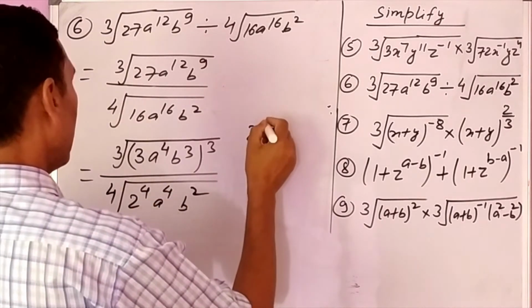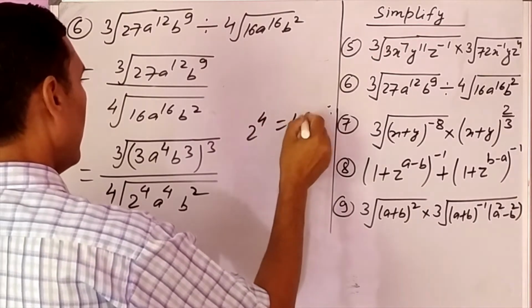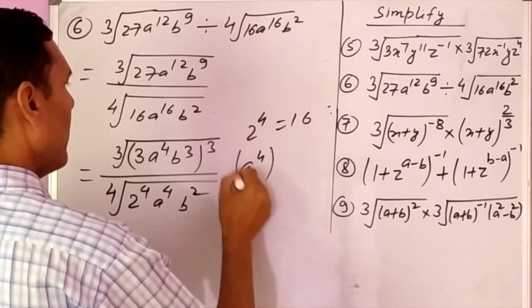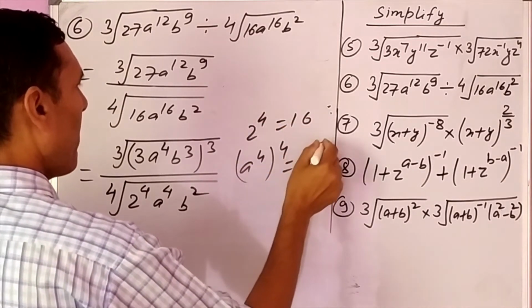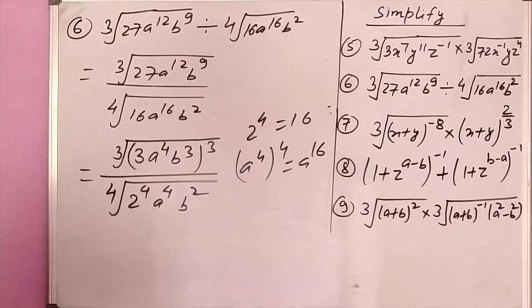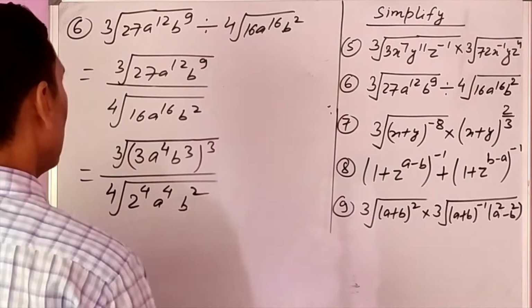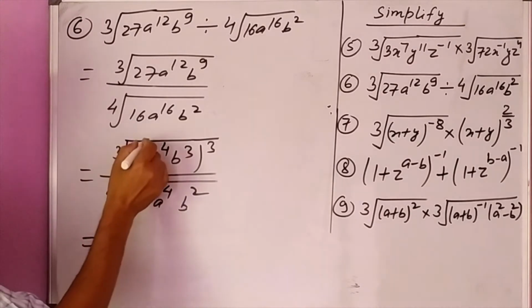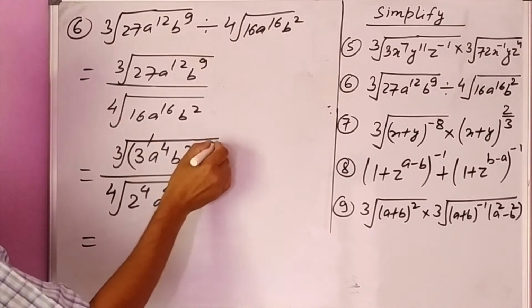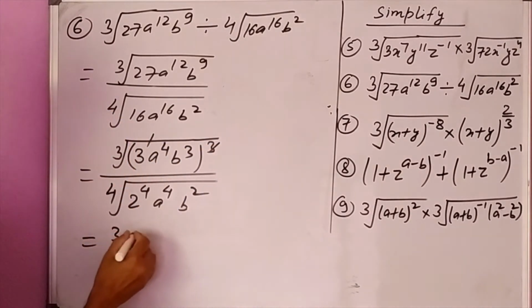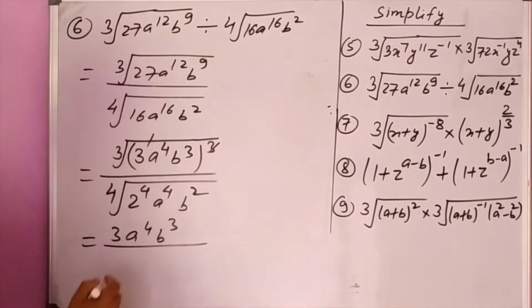Look at 2 power 4 it is 16, a power 4 to the power 4 it is a power 16, and b square as it is. This root and this power cancel, 3a power 4 b cube it is the numerator, and denominator 2 to the power 4 upon 4.